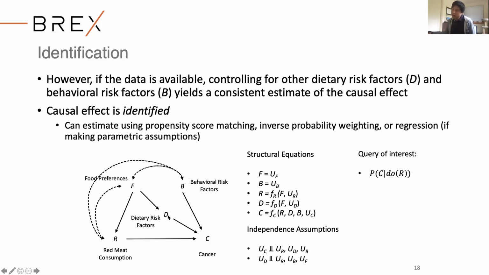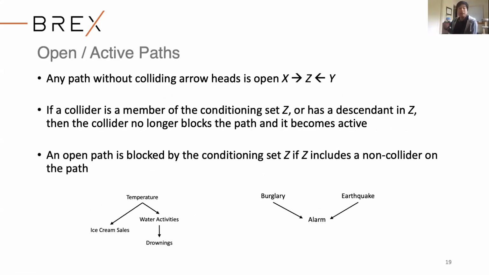What we see in the graph is that these are essentially blocked by the dietary risk factors and behavioral risk factors. So if I control for them, I can block these confounding paths, and all that's left is the correlation between red meat and cancer. I'll make this a little more explicit in the next slide, what it means for these paths to be open or blocked.